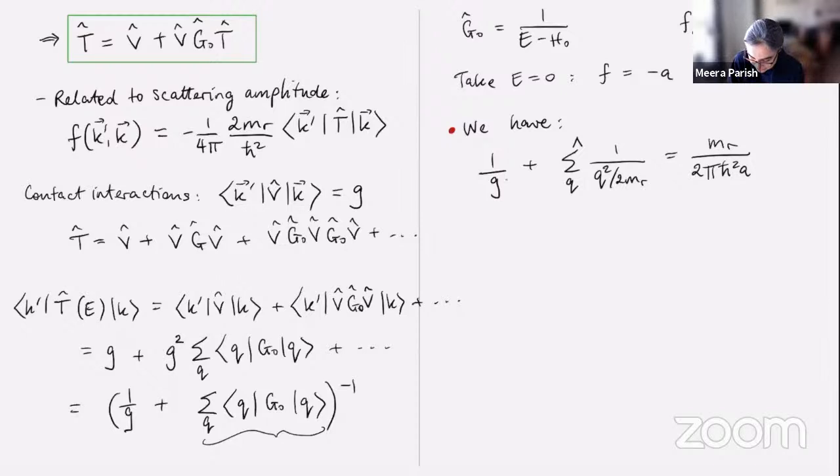So if we want to write down a potential that gives us a well-defined scattering length, we have to make sure that this G that we've written down, this strength of our contact potential, actually cancels this divergence here.